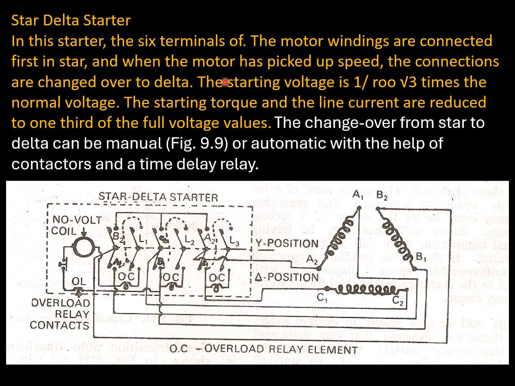The starting voltage is root 3 times less than the normal voltage. The starting torque and the line current are reduced to one third of the full voltage value. The changeover from star to delta can be manual or automatic with the help of contactors and a time delay relay.